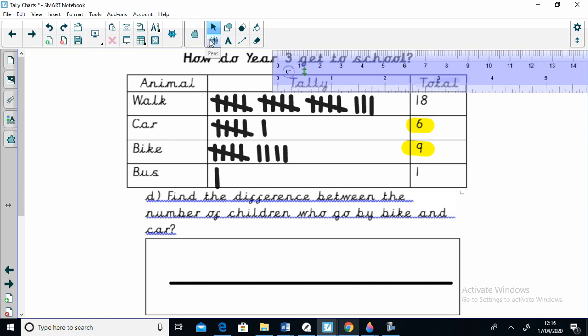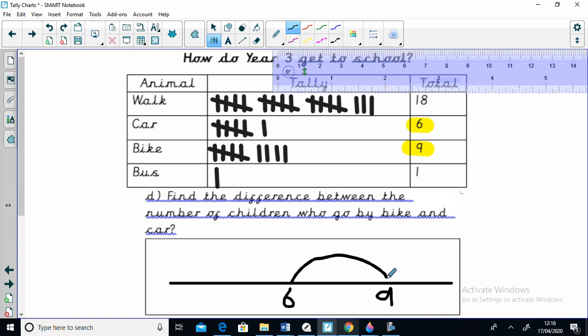I'm going to start with 6, and I need to work out what the difference is between 6 and 9. Because I've got really strong number bond knowledge, I know that 6 add 3 equals 9.